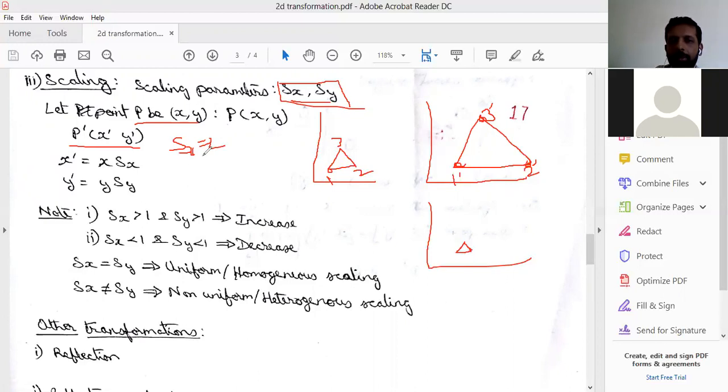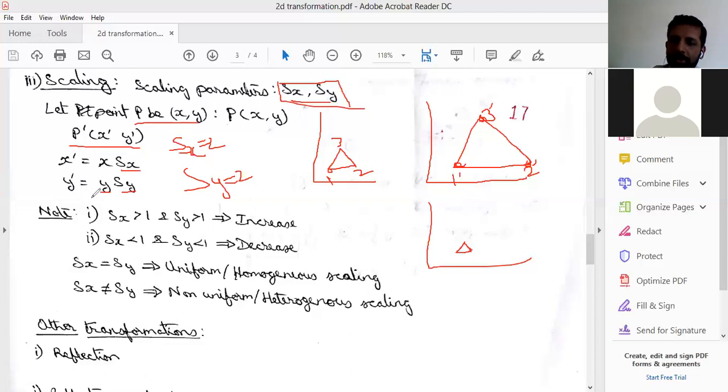An amount of 2 for Sx, and Sy will also be 2. So when you change the x value, x dash, the new value after scaling, is going to be x into the scaling factor Sx. And similarly the y coordinate, y dash is y into the scaling factor in y direction.